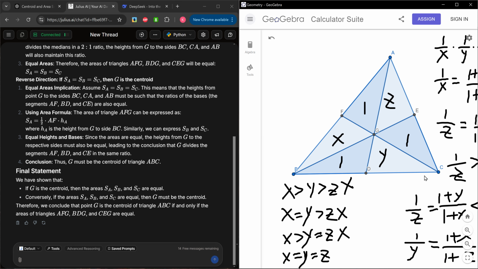No way. Similarly, we can express SB and SC. No, that can't be correct, right? That's definitely wrong. And the final statement, no. So Julius AI is also useless in this problem.